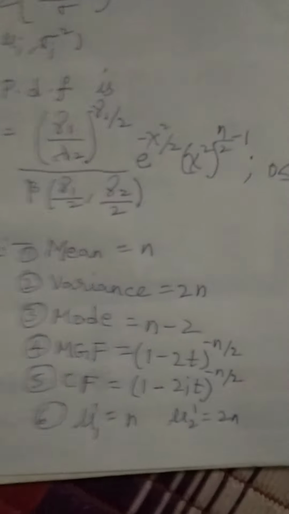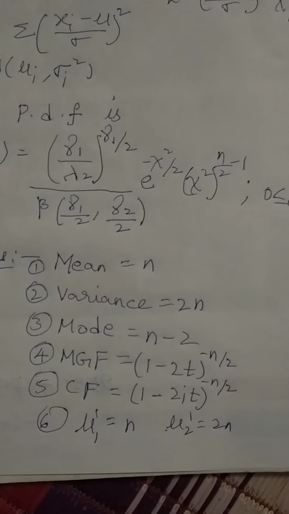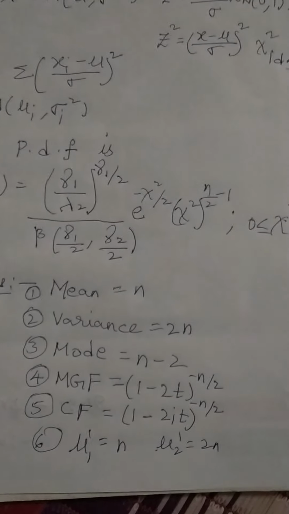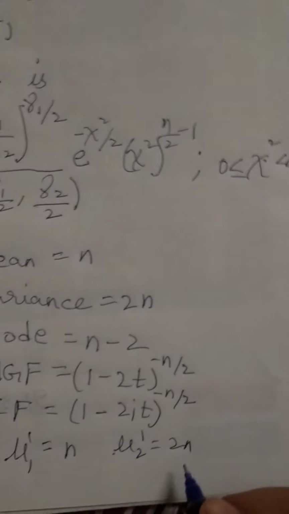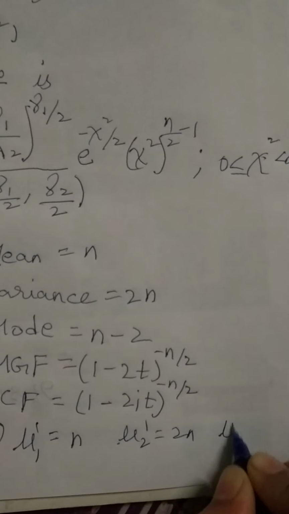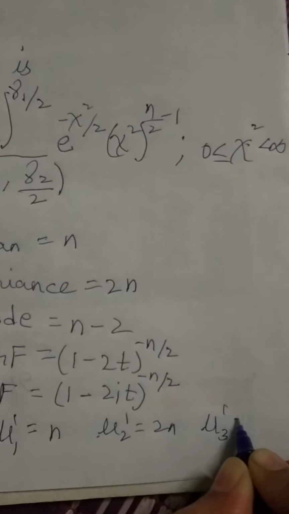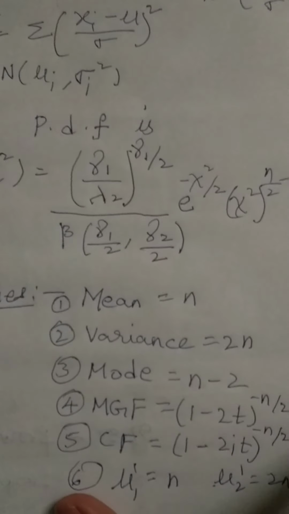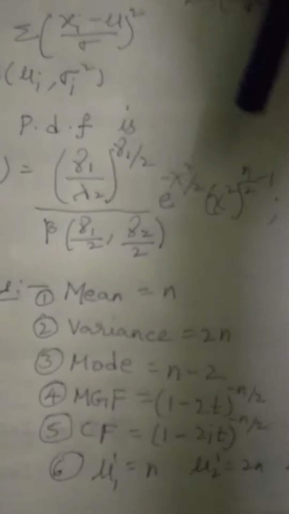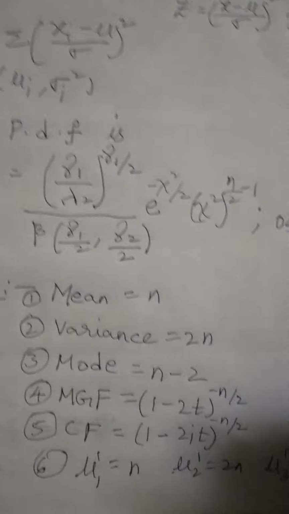What is variance, students? It is 2n. And if it is mu3 dash, it is 8n, followed by mu4 dash, like that. I am not extending the answer. It should be easy, no?